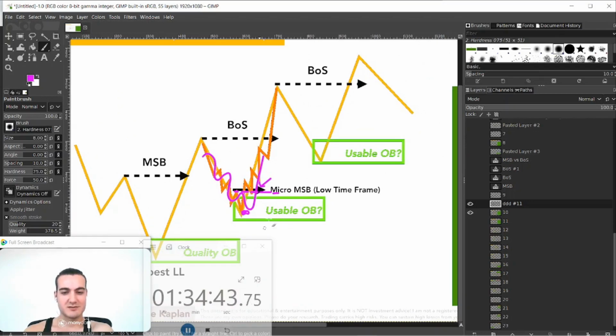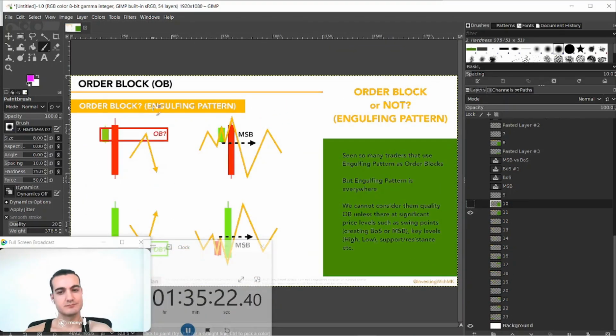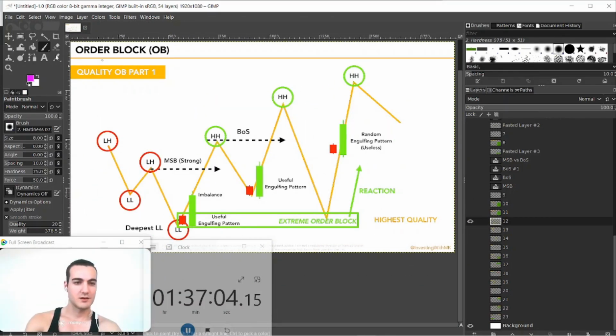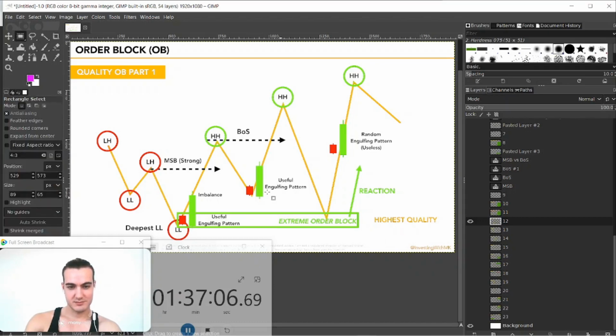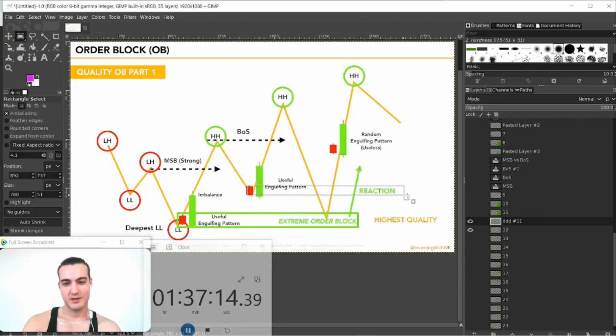He's saying, are these quality order blocks? Maybe, maybe not. Depends on whether there's a confluence of other things. So it looks like we might be able to define an order block here, although it wouldn't be as high quality as the one down here.